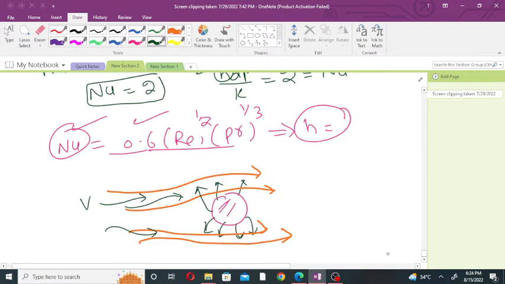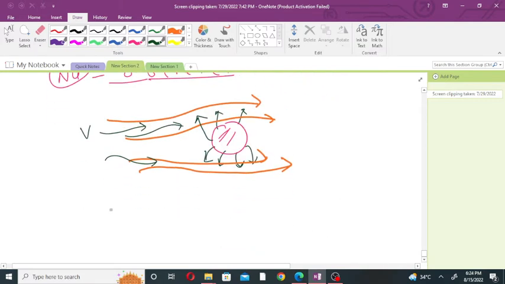In that case, we will use another correlation which is similar to the heat transfer correlation. The heat transfer correlation in the above case was 2 plus 0.6 into Reynolds number to the power 1/2 into Prandtl number to the power 1/3. This was for the heat transfer.